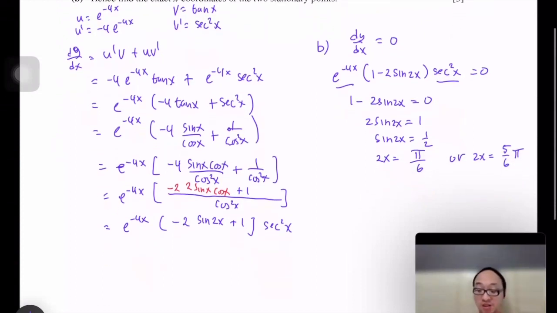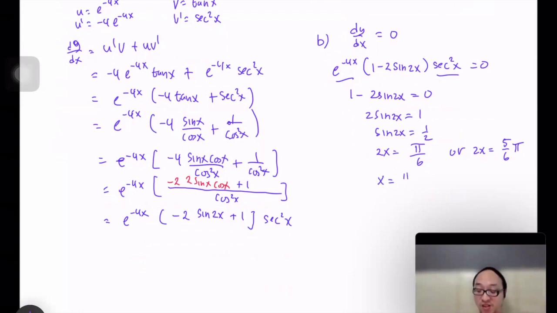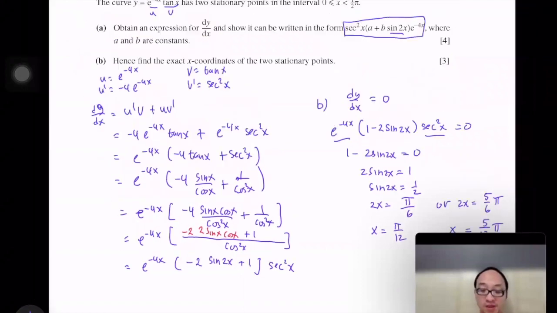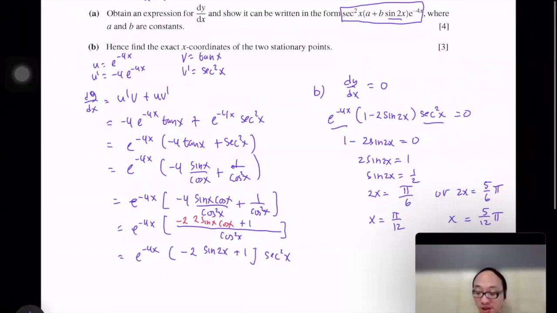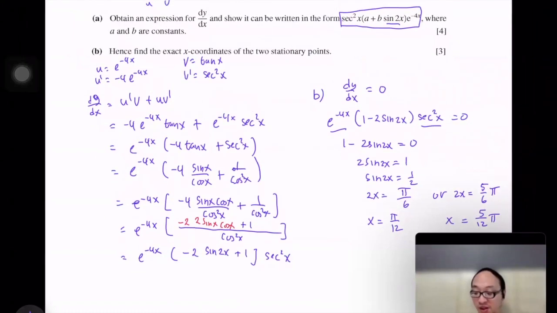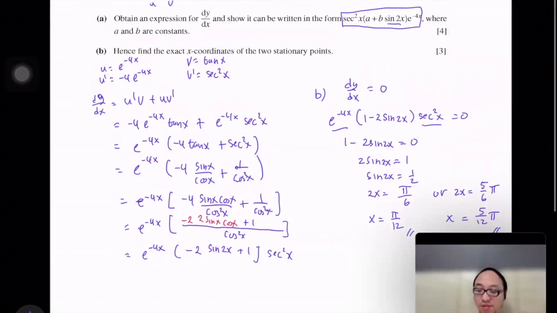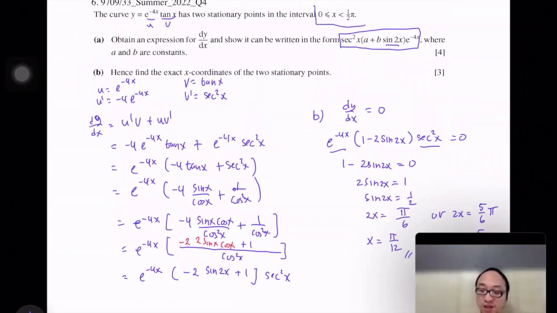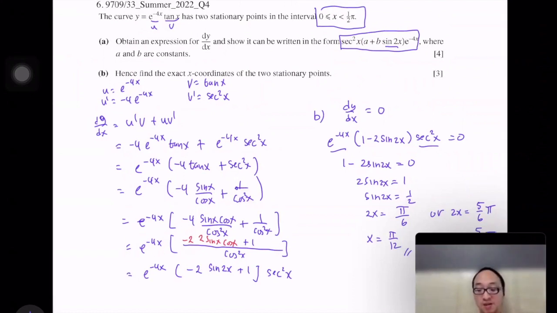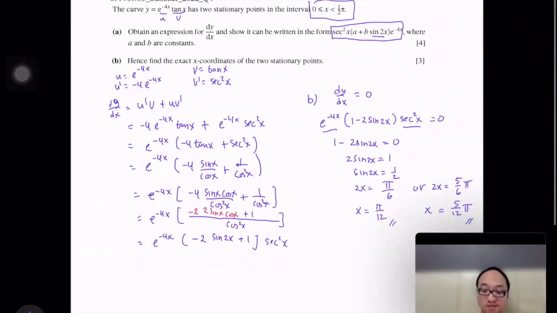So from here, we have x equals pi over 12, or x equals 5 over 12 pi. So both of them are in the interval 0 until half pi.